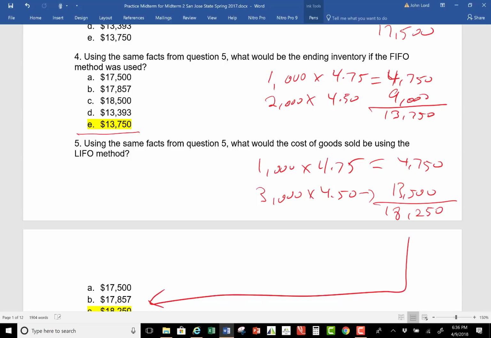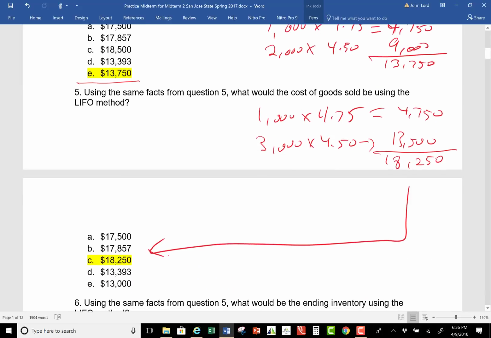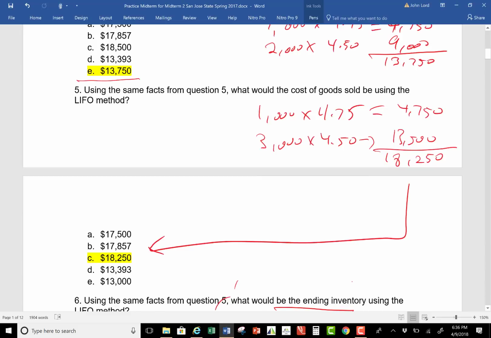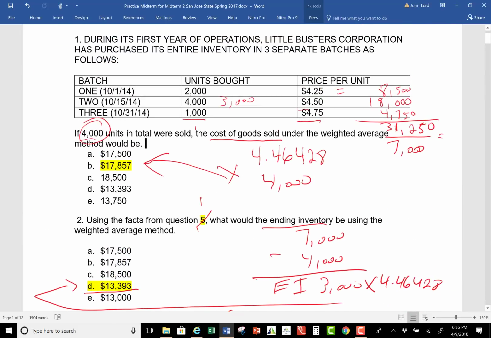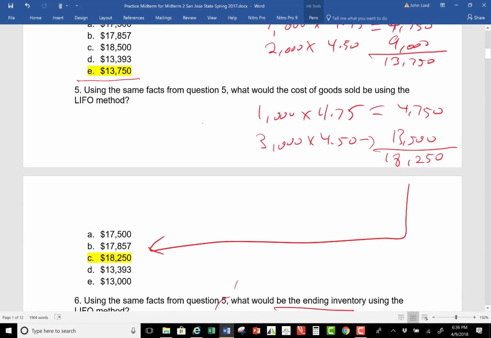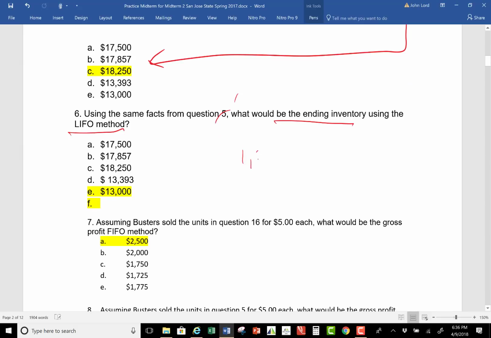Okay, good. Now, if I want my ending inventory using LIFO, ending inventory consists of what? I'm down to only 1,000 of these now, and I haven't sold any of these 2,000. That's constituting my 3,000 in my ending inventory. So 1,000 times 450 is, of course, going to be 4,500.